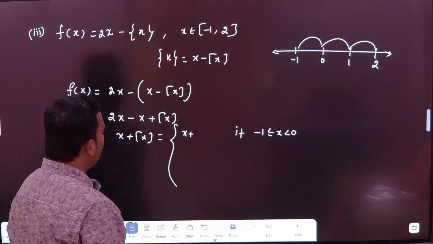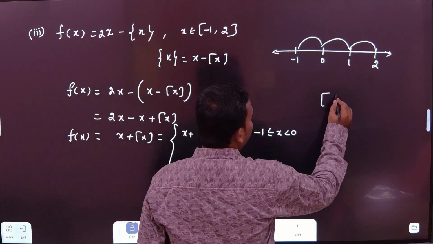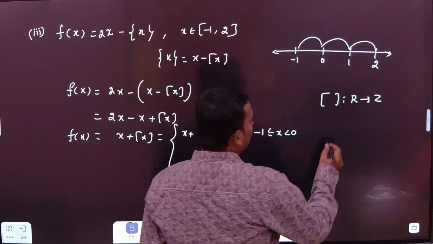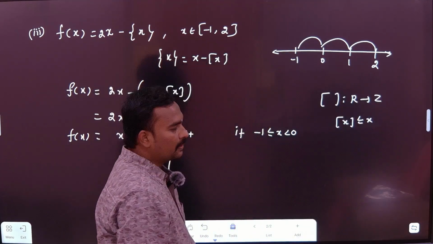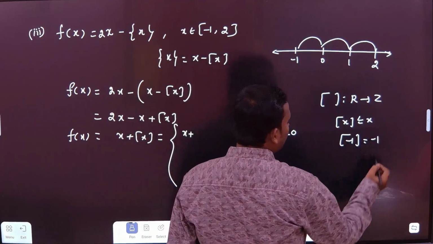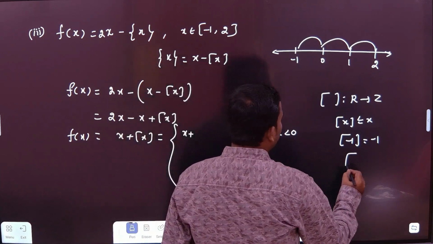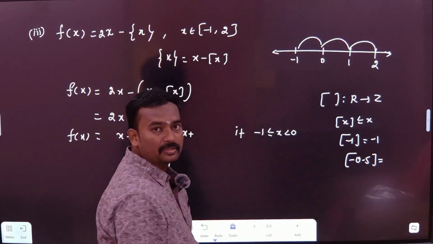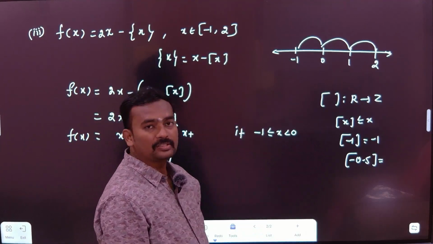In this interval, what is the greatest integer value? You already know that the greatest integer function maps a real number to an integer, and it is always less than or equal to x, right? For example, if I take minus 1, you will get minus 1. If I take minus 0.5, we need the greatest integer less than or equal to minus 0.5.